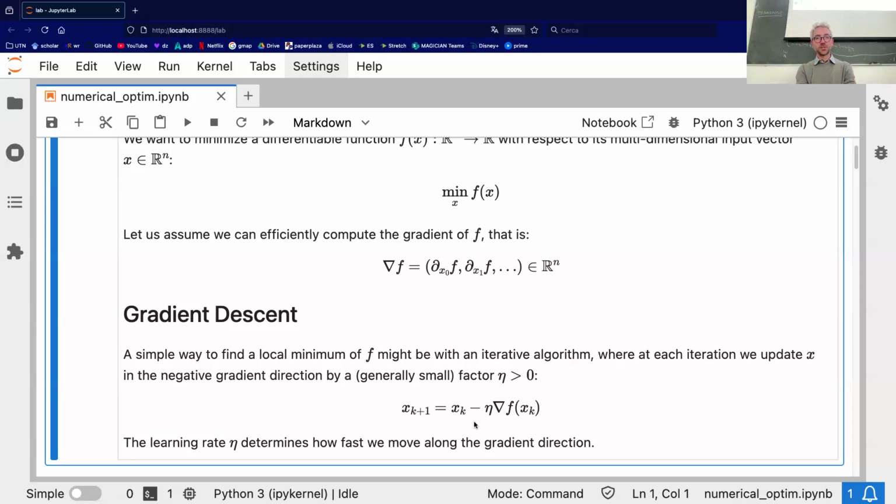In general, of course, the function f is not going to be linear, and so we will need eta to be sufficiently small, and how small depends on the function. So it's a tricky parameter to tune automatically. But it's a starting point for doing gradient-based optimization. So let's see how this works.